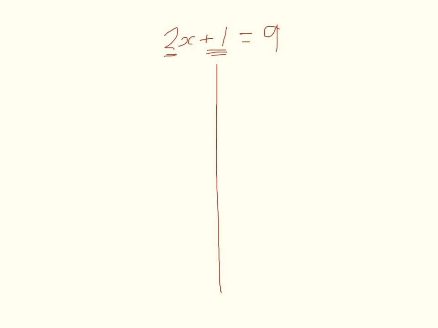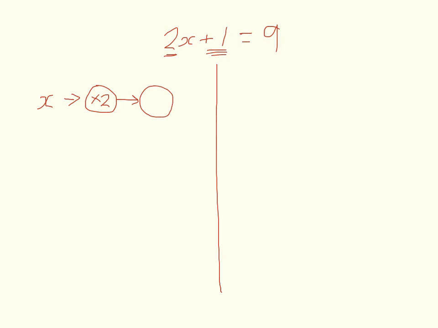Well, what I do is I start with my x value, okay? And then, if you remember BODMAS, we do multiplication before we do addition. So the next thing I would do would be to multiply by 2.